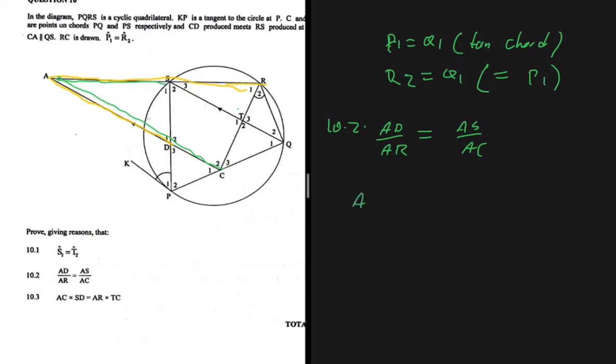In triangle ASD and triangle ACR. So if we can prove that triangle ASD and triangle ACR are similar to each other, then we can play around with their sides and be able to prove that. So let's go ahead and prove that triangle ASD and triangle ACR are similar to each other.